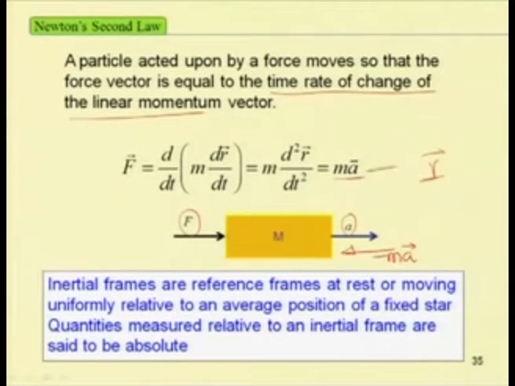So, from equation 1, one can write F minus m a equal to 0. That means the summation of the external force and the inertia force, so the summation of external force F plus this inertia force equal to 0. So, this is D'Alembert principle.